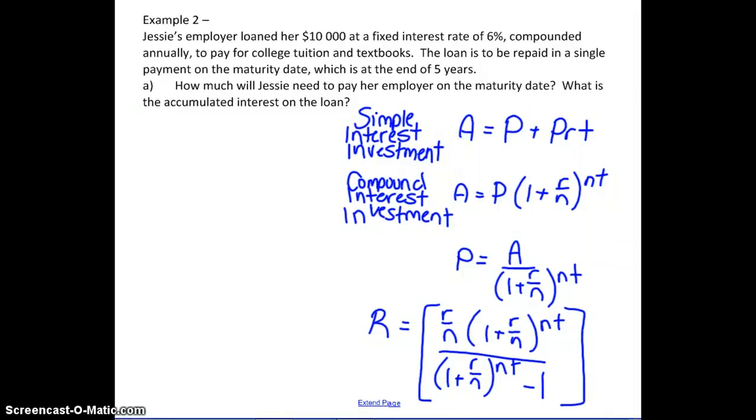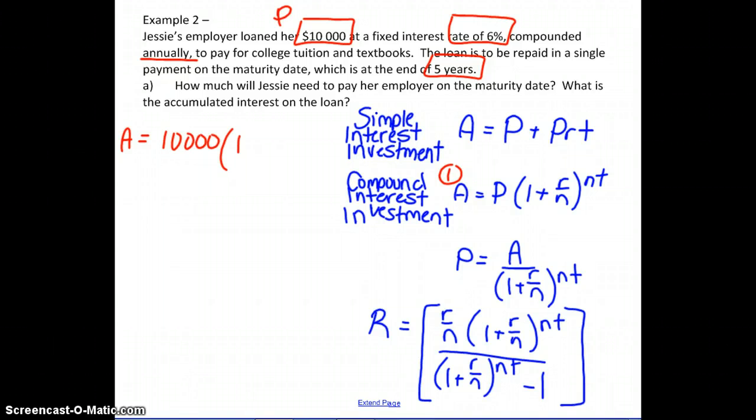So let's start then with example 2. Jessie's employer loaned her $10,000 at a fixed interest rate of 6% compounded annually. So the rate is 6%, it's compounded annually, and the loan is going to end in 5 years. How much will she need to pay her employer on the maturity date? In this case, we're going to plug this into our compound interest investment formula where we're looking for A. So P is 10,000, your rate is 6%, compounded annually, and it is 5 years.